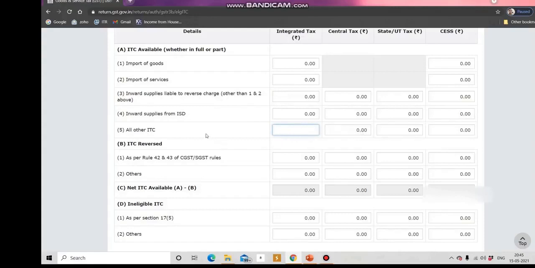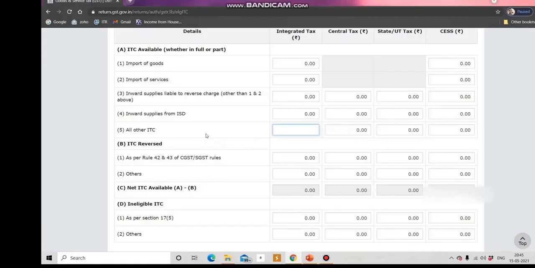Part B is ITC reversed. First one is as per rule 42 and 43 of the CGST and SGST rules. So reversal of ITC has to be done when a business is providing both taxable goods and services as well as non-taxable goods and services.